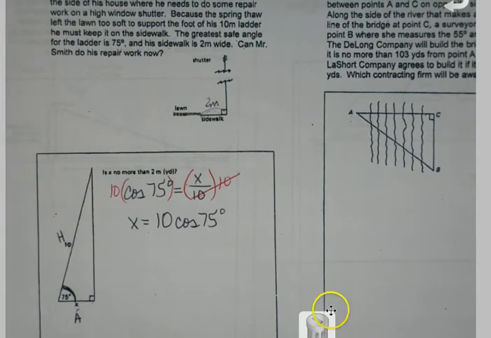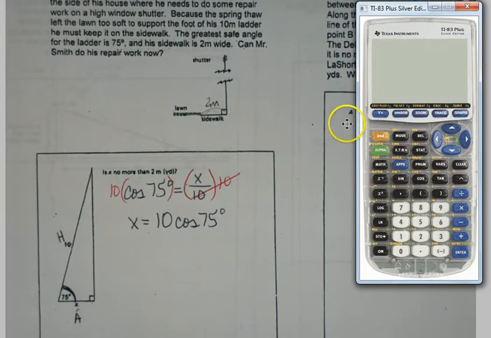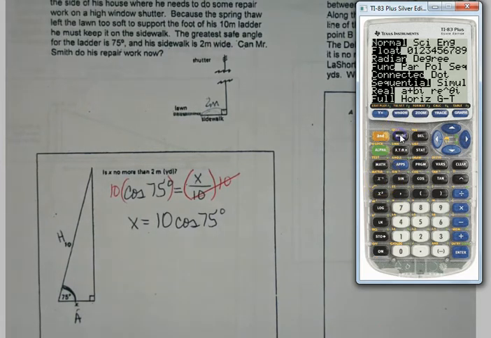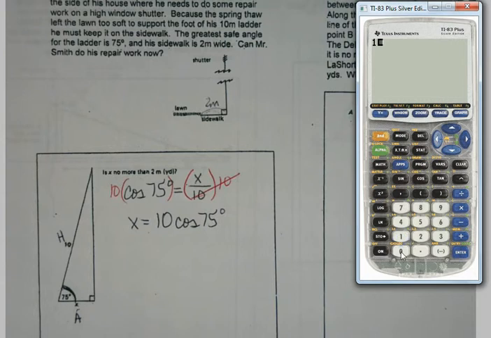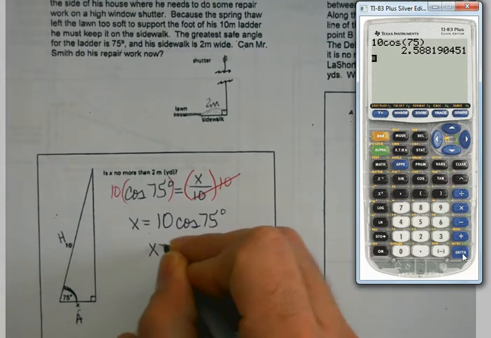When I go to punch it in my calculator, just a reminder again, because I found out yesterday later in the day, I got some shady characters who are thinking it's funny to put things back into radian. Even mine is. Make sure you're in degree when you're doing this, because if you're not, you're going to get some funky answers, but you're going to find that out quickly here. Otherwise, I can just type that in my calculator and get out the value.